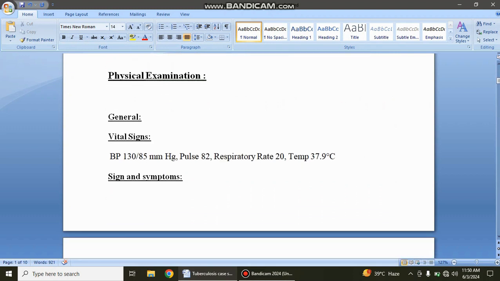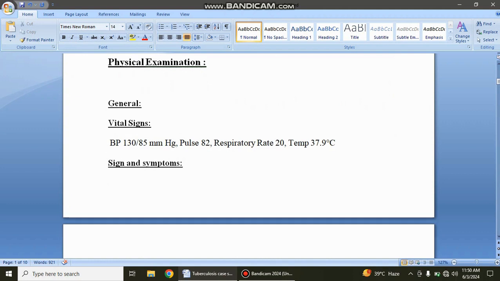Physical examination, general vital signs: blood pressure 130 by 85 millimeters of mercury, pulse 82, respiratory rate 20, temperature 37.9 degrees centigrade.